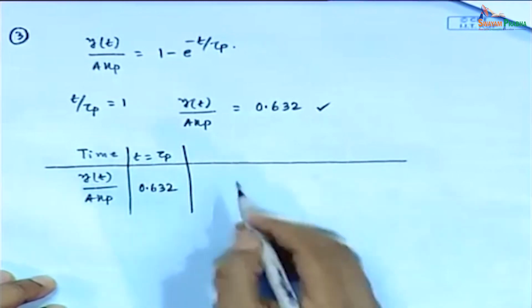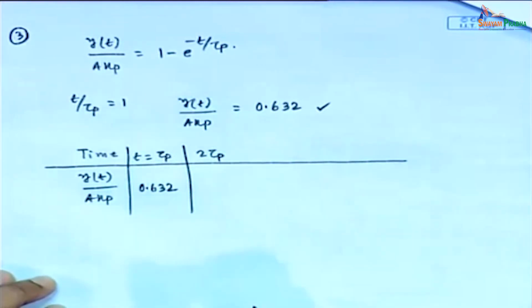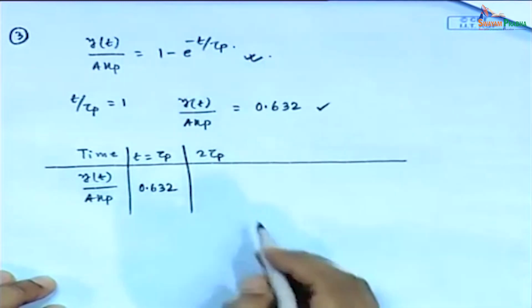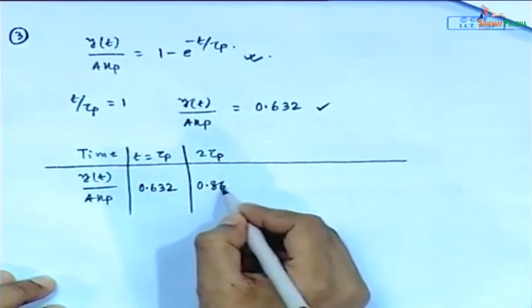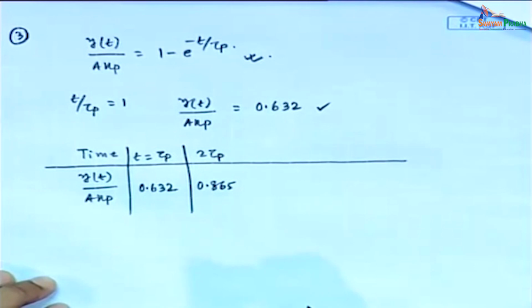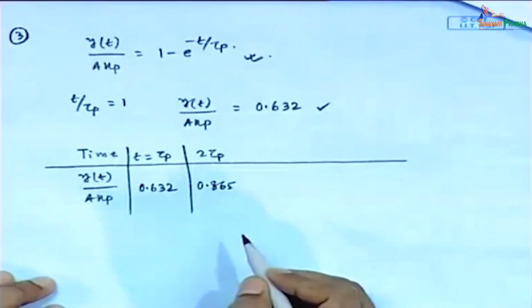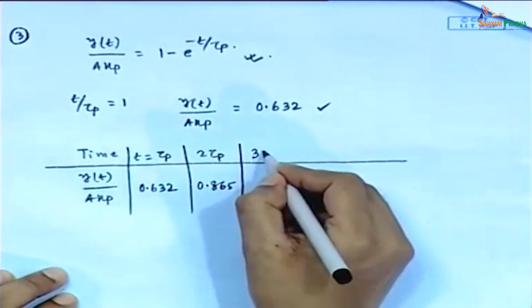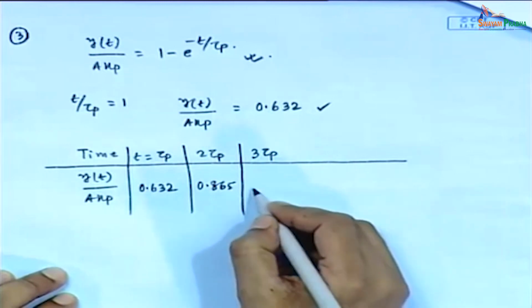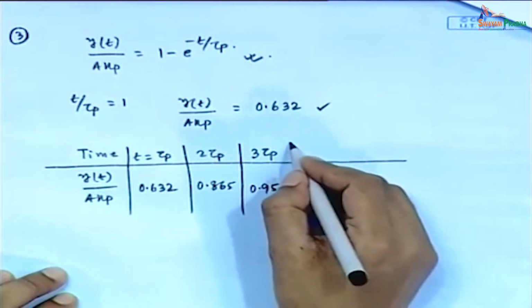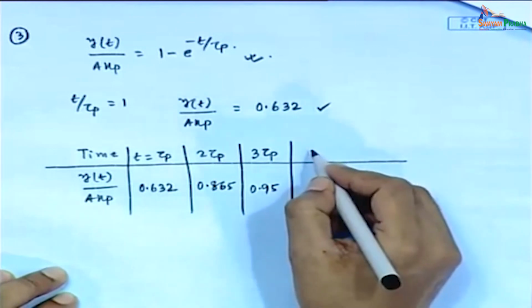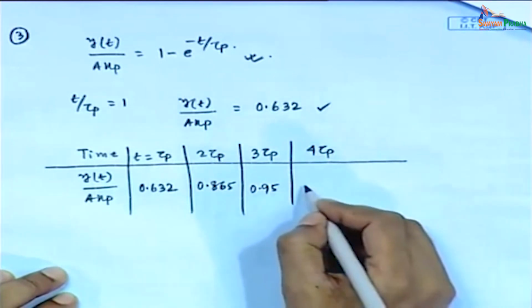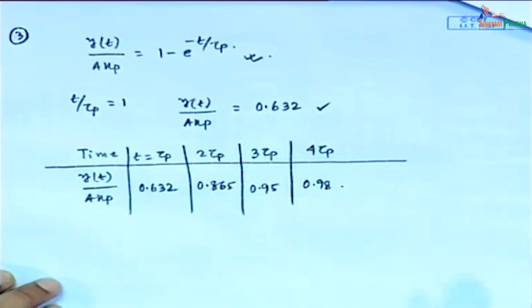Similarly, considering 2 tau p and using this equation, we get 0.865. I mean, in 2 time constants, the process reaches 86.5% of the final value. Similarly, if we consider 3 tau p, we will get 0.95, and 4 tau p, this is 0.98.